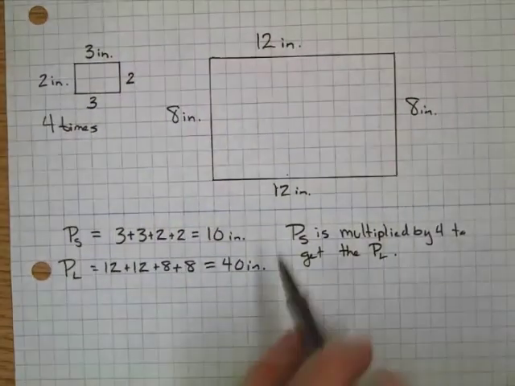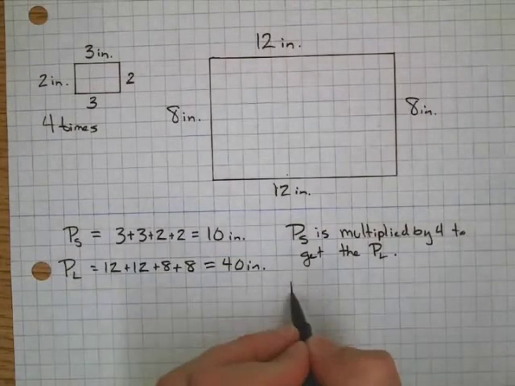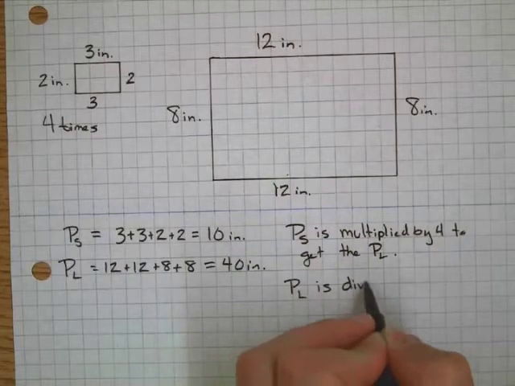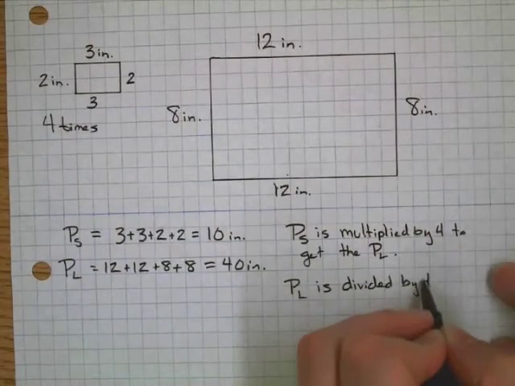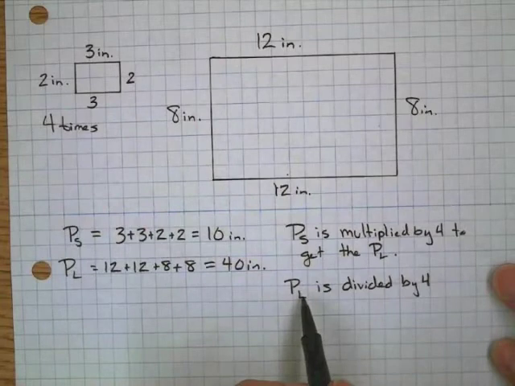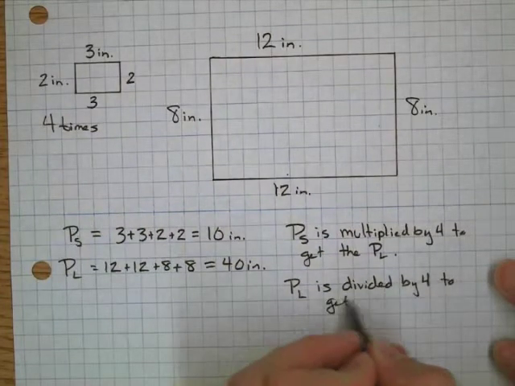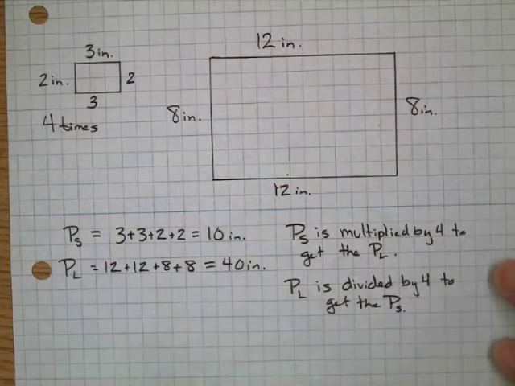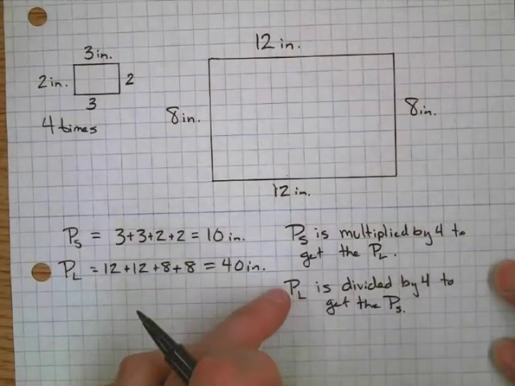We could say this the other way around: the perimeter of the large is divided by 4 to get the perimeter of the small. Either way is fine, it just depends on whether you're starting with the perimeter of the small or the perimeter of the large.